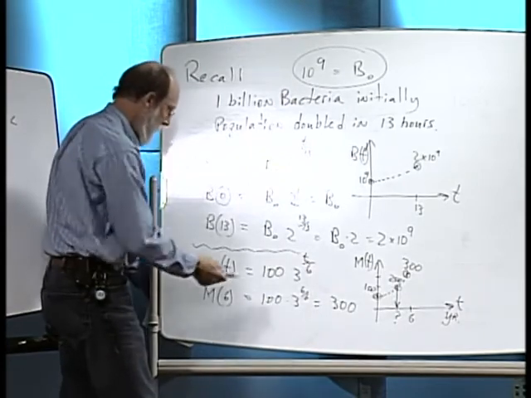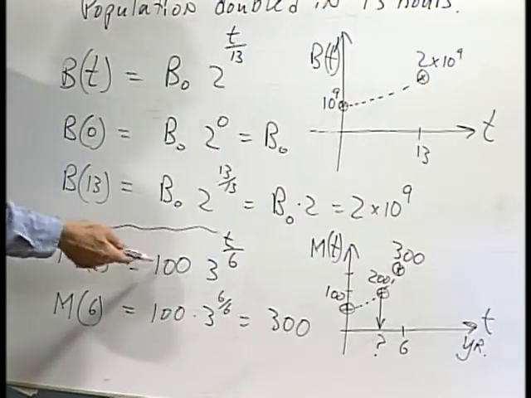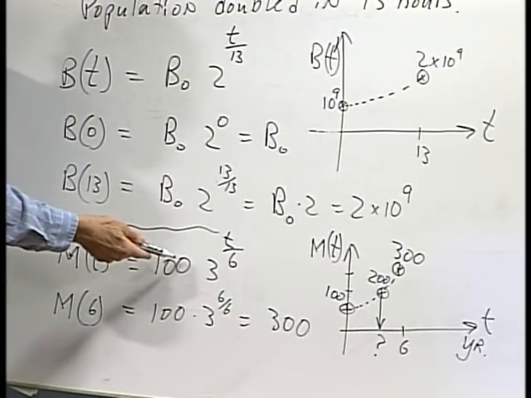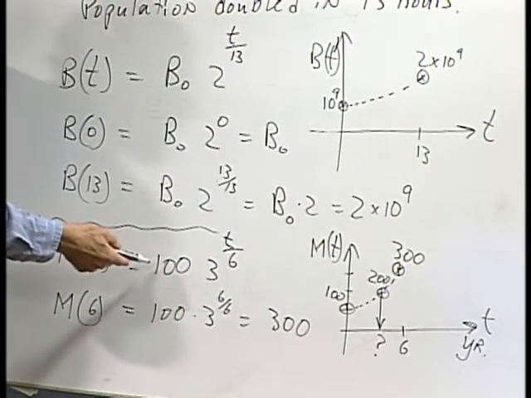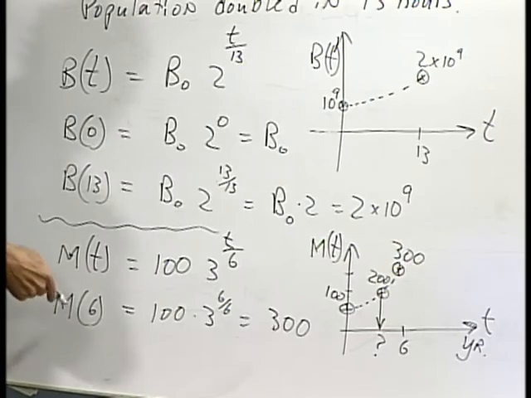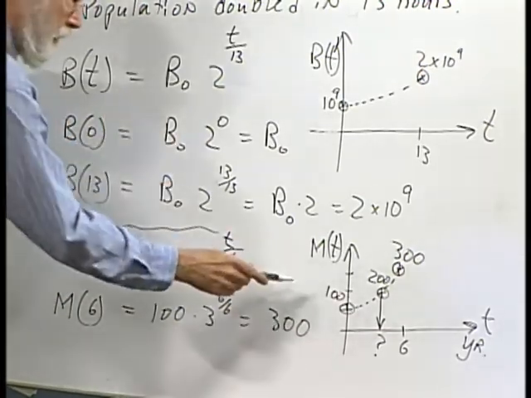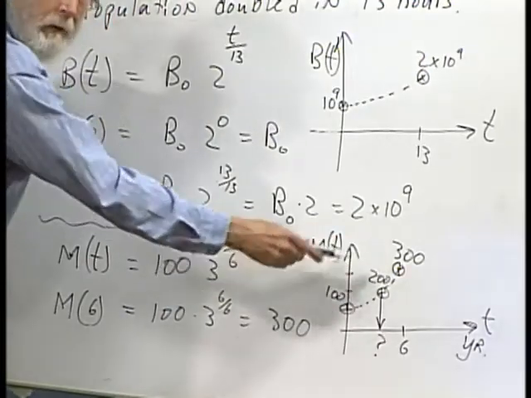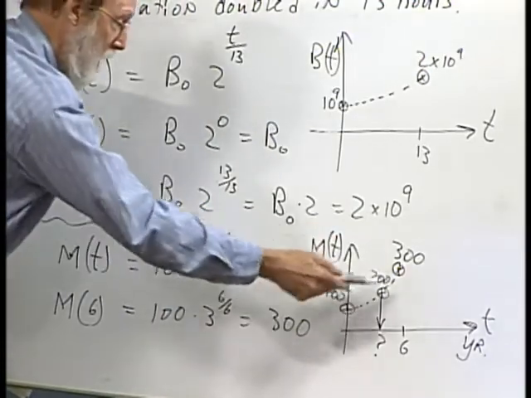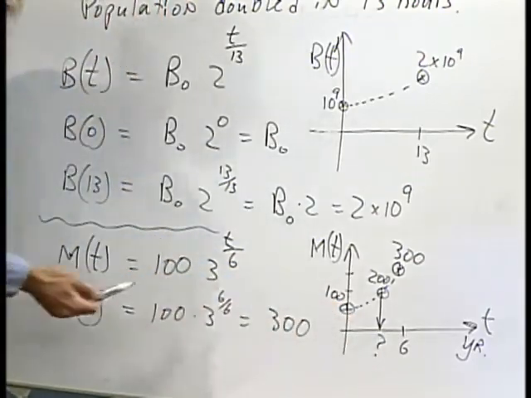This would be the same if this was 100,000 or 100 million or 100 billion. Could we put 200 in for y and solve it? Yes, and that's how we would do it. What I wanted to first comment on is how you would interpret this graphically with your calculator or just by a hand sketch here. You know you're going to come up with an answer something less than 6 years.